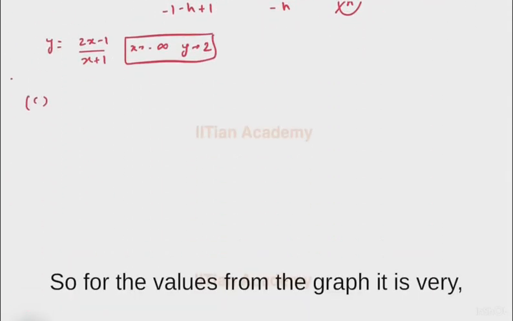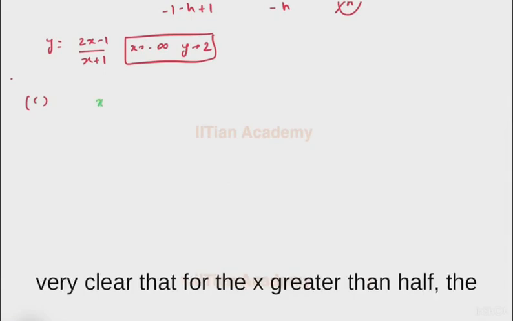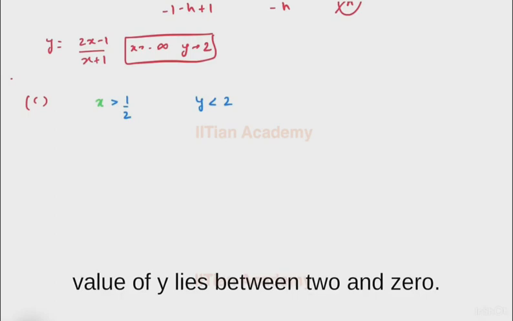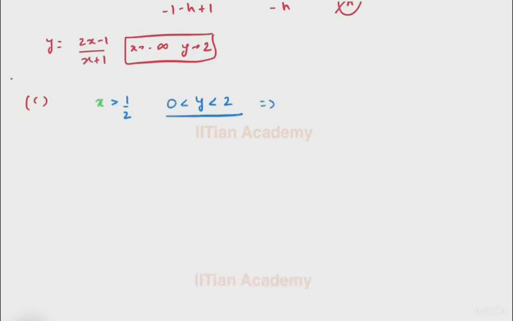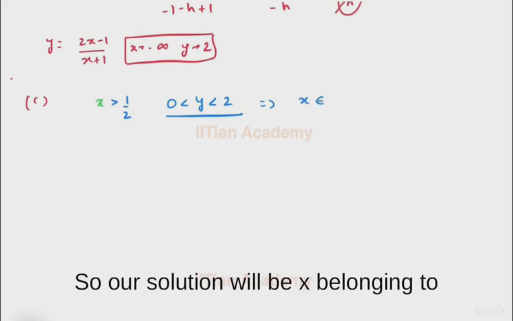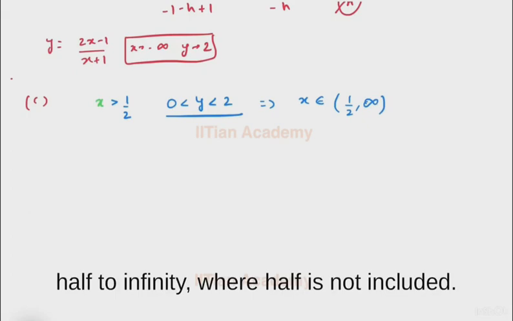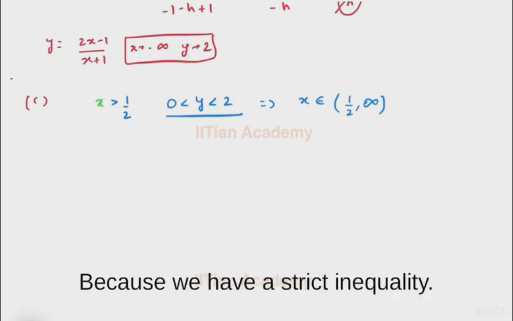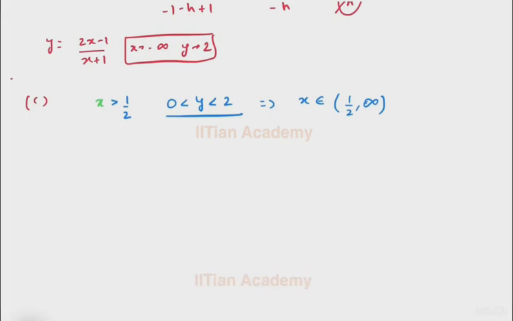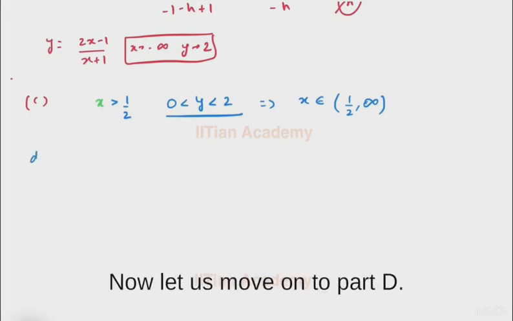So from the graph, it is very clear that for x greater than half, the value of y lies between 2 and 0. So our solution will be x belonging to (half, infinity), where half is not included because we have a strict inequality. Now let us move on to part D.